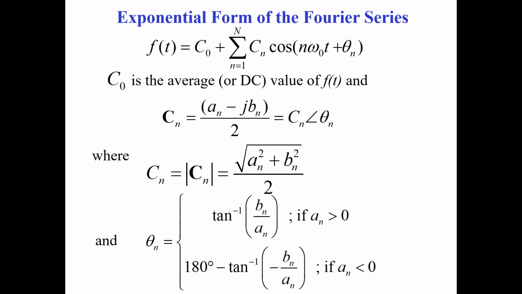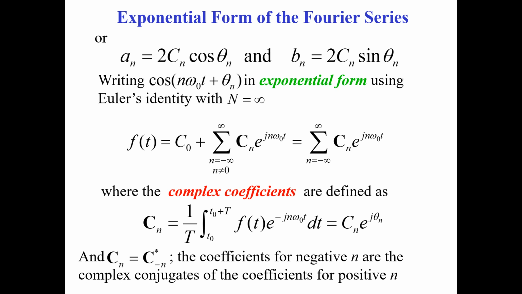Go back, this is your main expression. It is from n equals 1 to infinity, and Cn is given like that, and now you have to define An from the Cn and Bn from Cn.